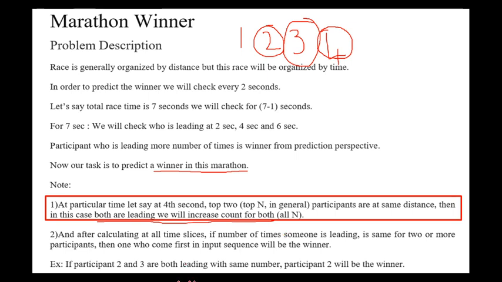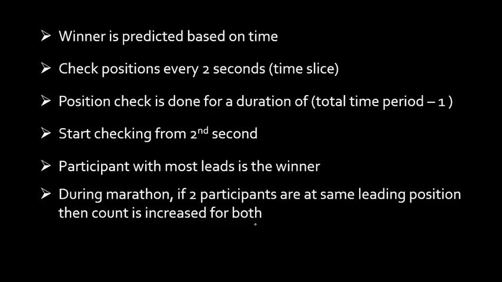That is the point I have said here. If 2 persons, or 3 or 4 participants are leading, you should just increase the count for all the participants. Clear? We'll note it down: if 2 participants are at the same leading position, then the count is increased for both. Remember this. When both are in leading position, increase the count for both of them.